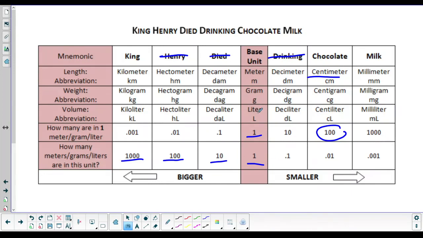The base unit is either meters, grams, liters, whatever you're looking at. Deci is 1/10. So there are 10 of these things in 1 base unit, whereas here there's 10 base units in one of those things. There are 100 centis in 1 meter, and then there are 1,000 millimeters in 1 meter.